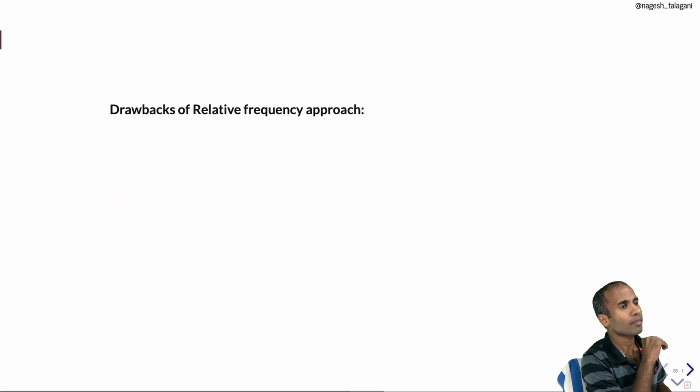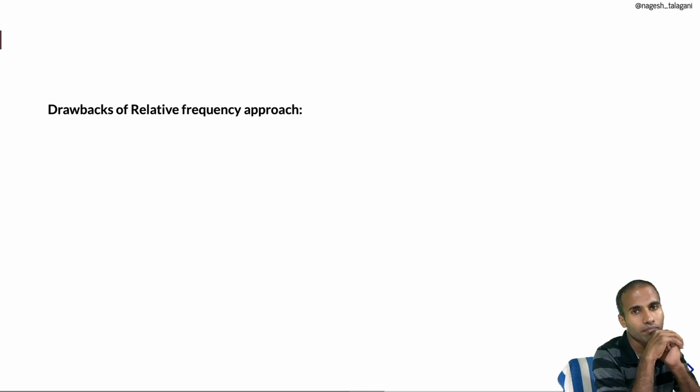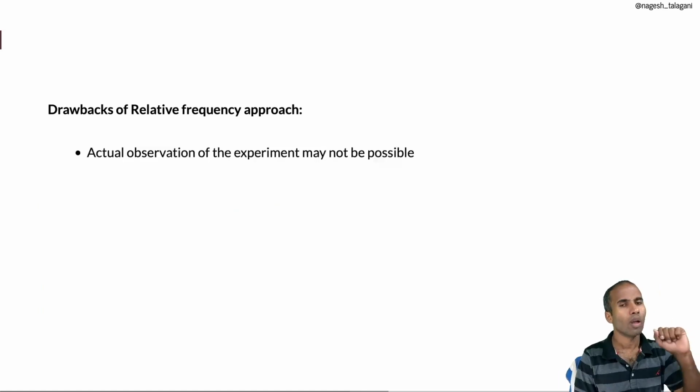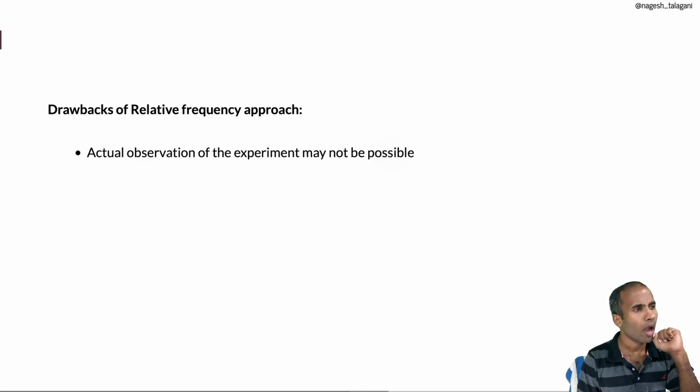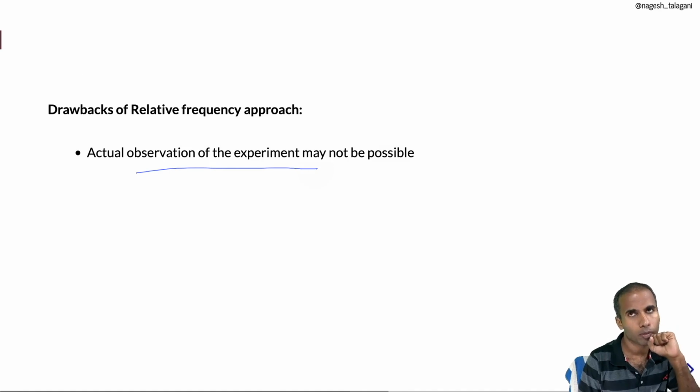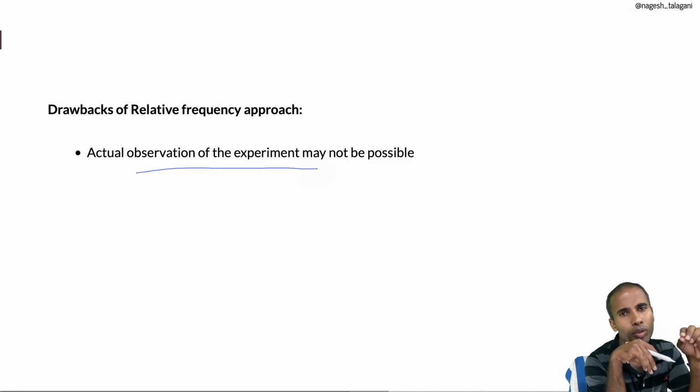But we have some drawbacks. One drawback is that actual observation of the experiment may not be possible. For example, if one wants to compute the probability that an atom bomb destroys a particular city completely, one can't perform an experiment, right?